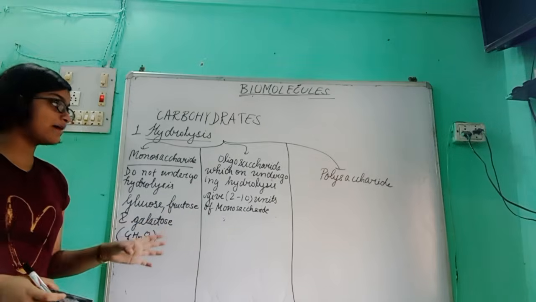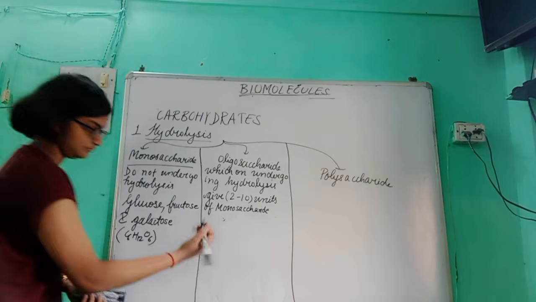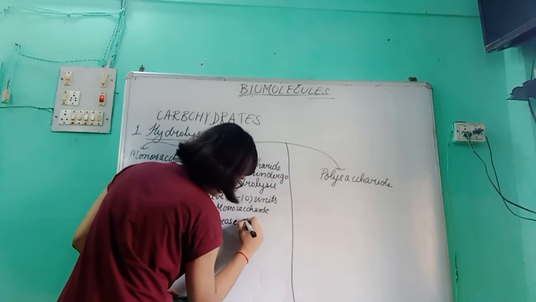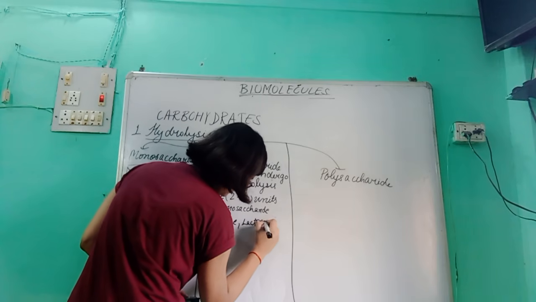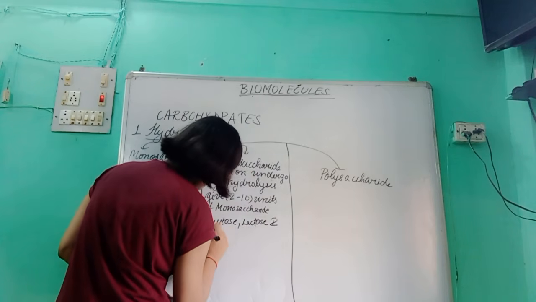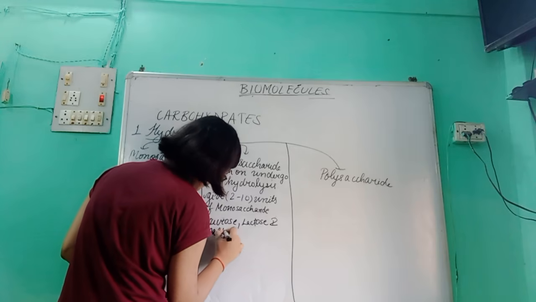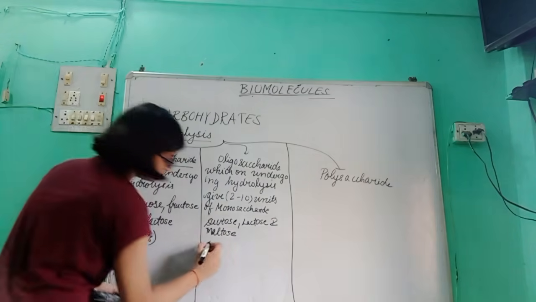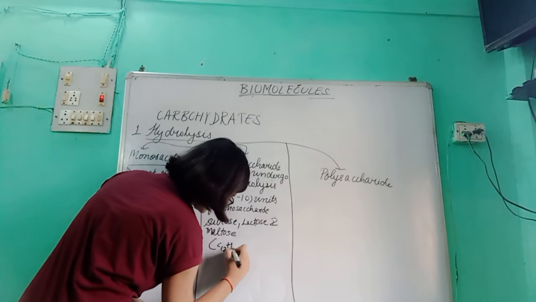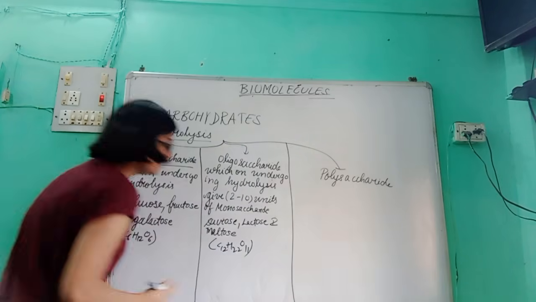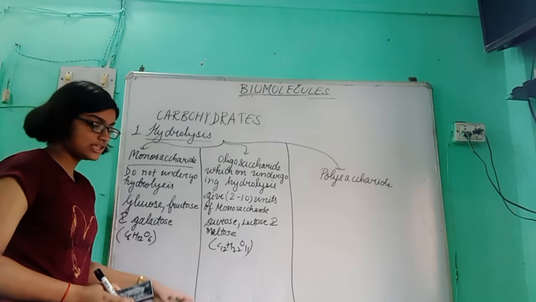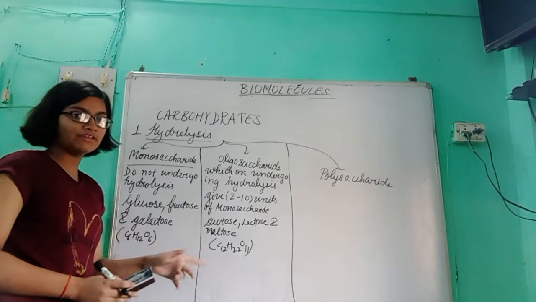Examples of oligosaccharides are sucrose, lactose and maltose. They all have the same formula, C12H22O11. Now, when sucrose undergoes hydrolysis, it gives glucose and fructose. That we have already seen.